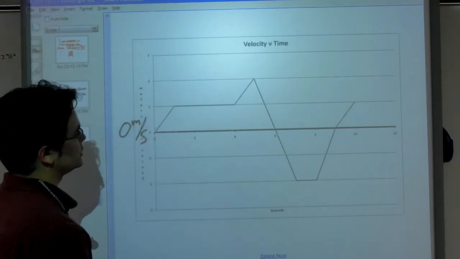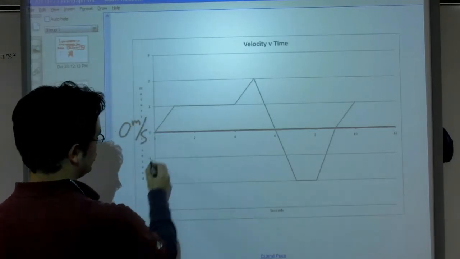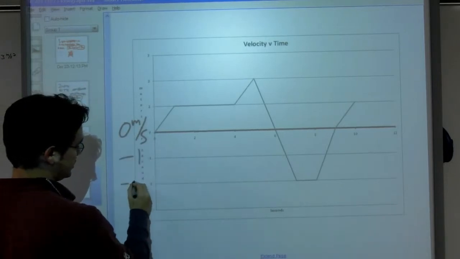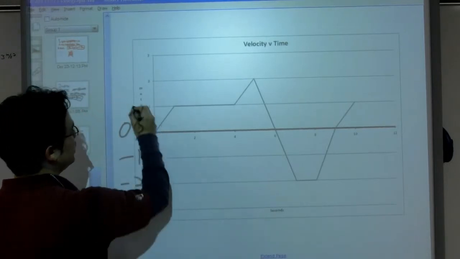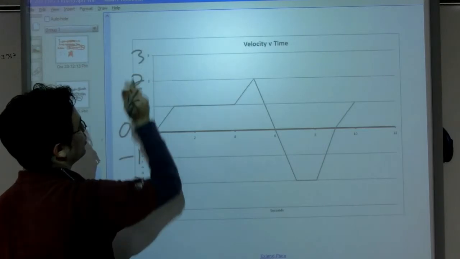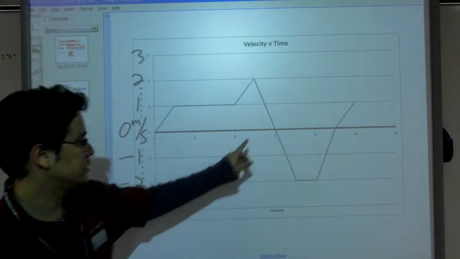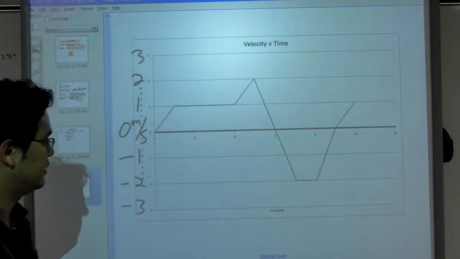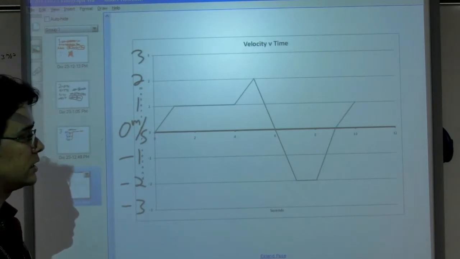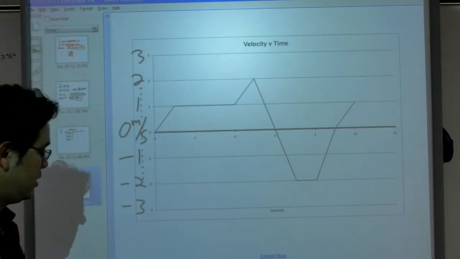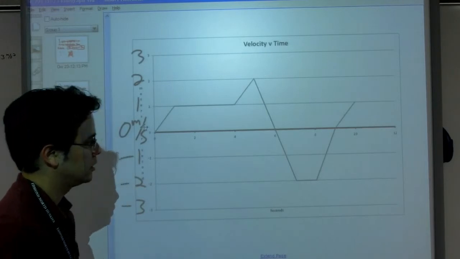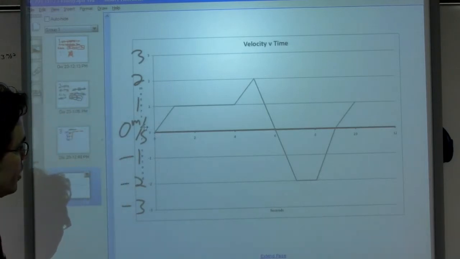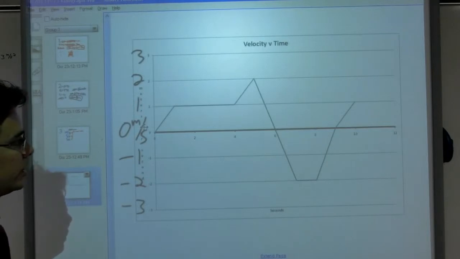Okay, and so now I've got a situation where down here this is -1, -2, -3, and this is 1, 2, 3. Our velocity actually goes down into the negative values, which means it's a velocity in the opposite direction. Okay? That has an effect on our displacement, how we're going to look at that. And so I wanted to have something that incorporated that as well.